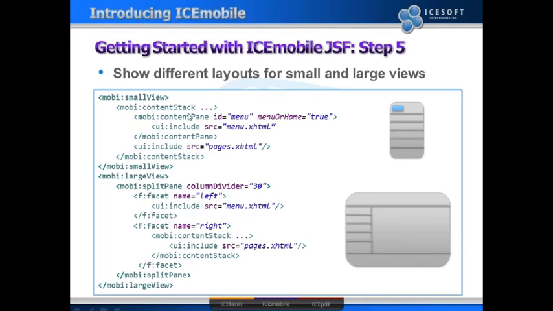Here for the small view, we have a content stack and we're including the menu. But here for the large view, we have a content stack, but we're not including the menu. Well, we don't need to include the menu because we're including it here over on the left-hand side. We're using a split pane with a column divider at 30% here for the large view.